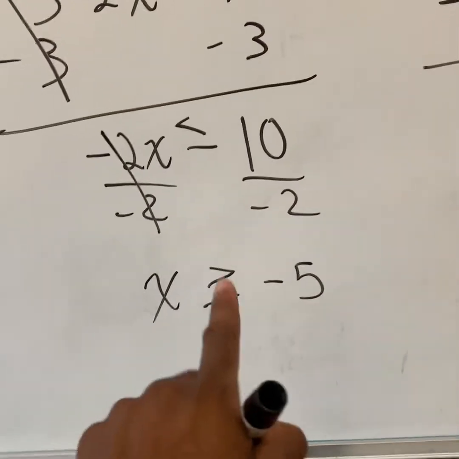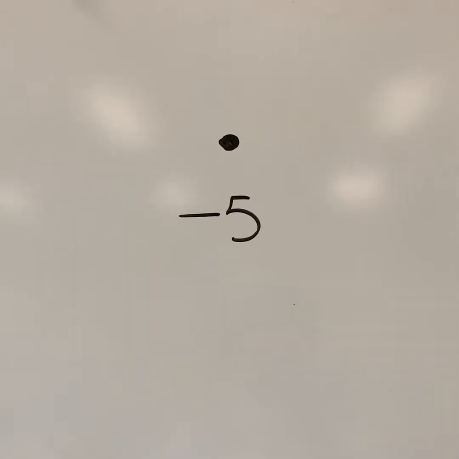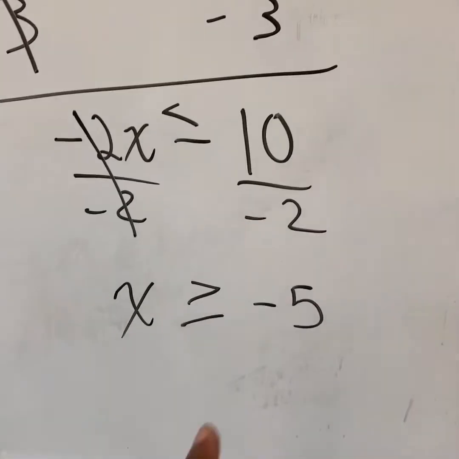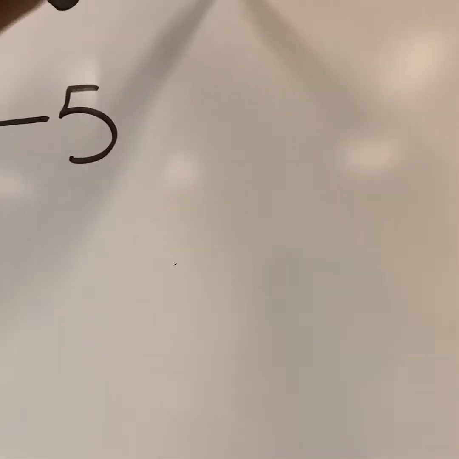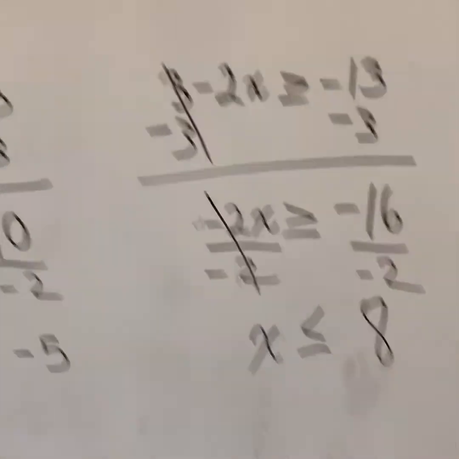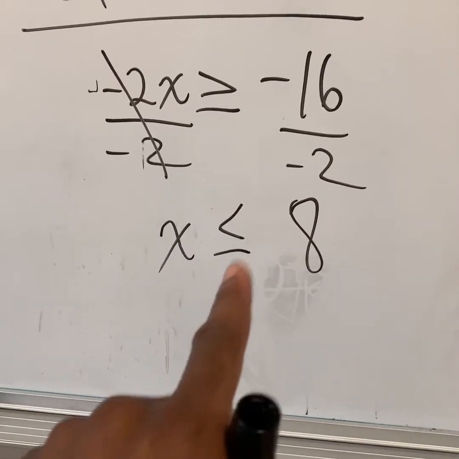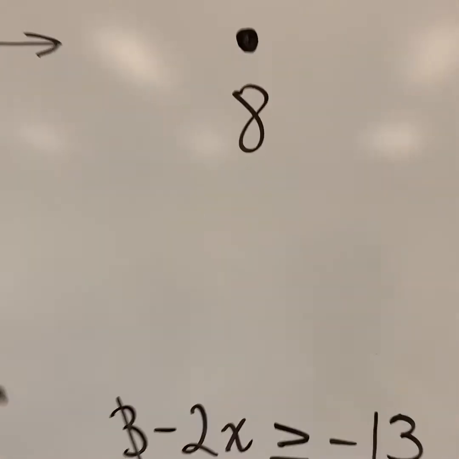Now this says x is greater than or equal to -5. So that means I have to put a closed dot on my -5. And since this says greater than -5, you have to go in that direction, because that's greater than. Now this one says x is less than or equal to 8. So 8 sits over here, but less than goes that way.